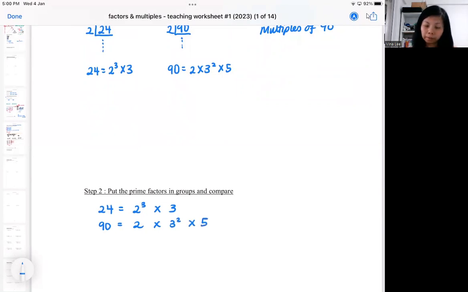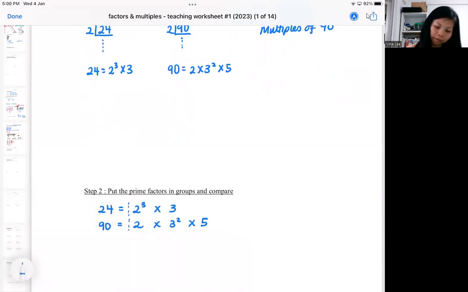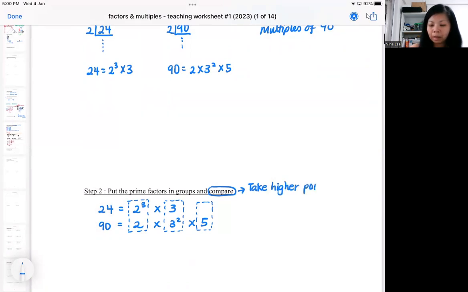This time around, I'm going to put them in the same family, but I'm taking the higher power, or what we call the higher index, in each family.